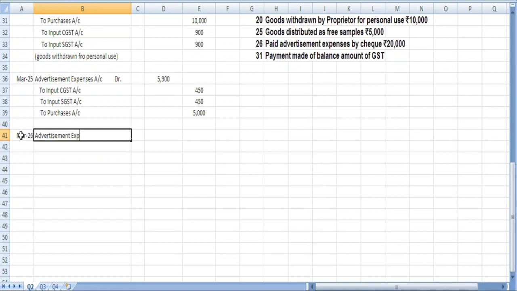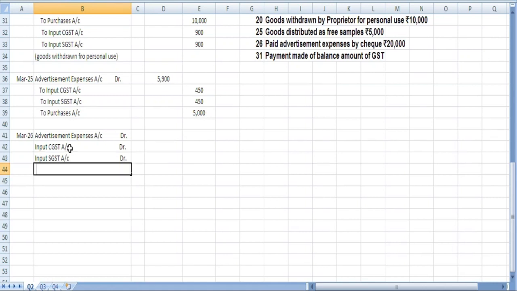Advertisement expenses account debit, input CGST account debit, input SGST account debit, and this is paid by check.